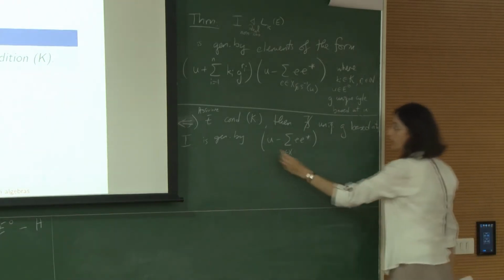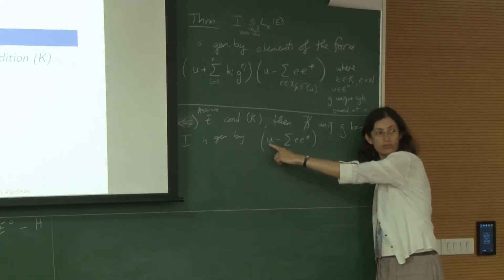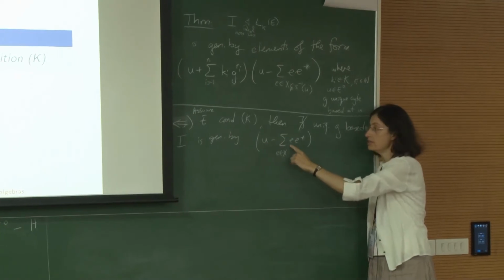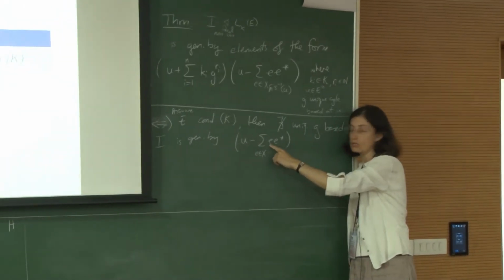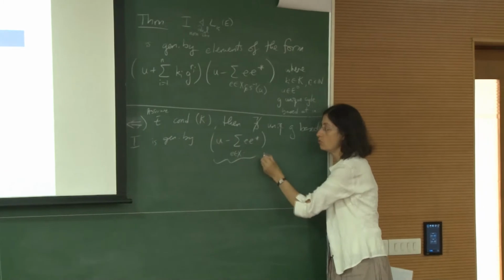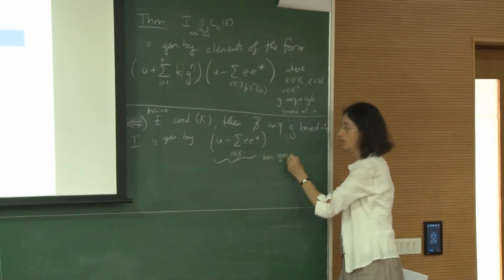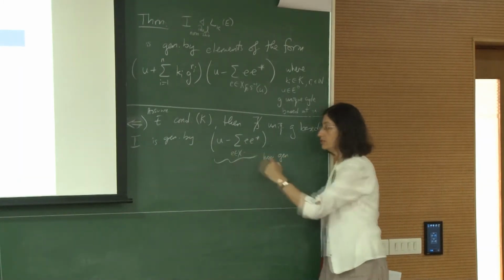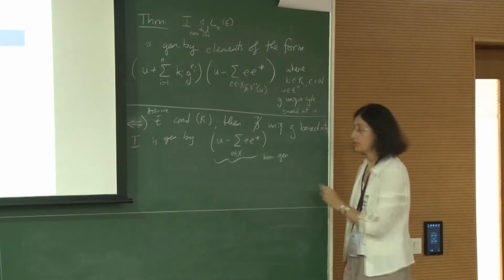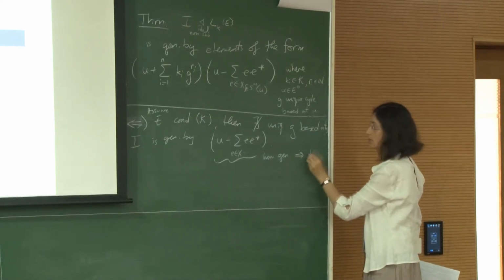Well, this is a homogeneous element of degree 0, and this is a homogeneous element of degree 0 as well, so the sum is a homogeneous element. If an ideal is generated by a set of homogeneous elements, that means it is graded.